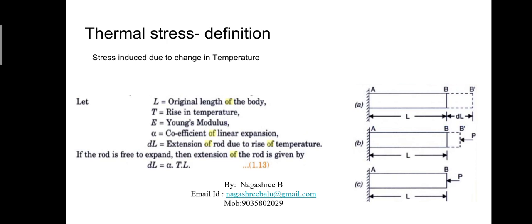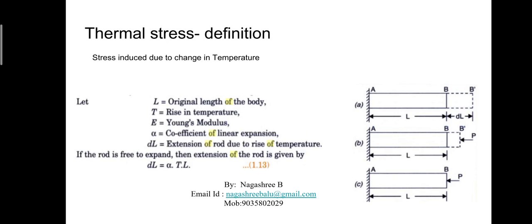Now suppose that an external compressive load of magnitude P is applied at face B dash, so that the rod is decreased in length by alpha TL. Why is it alpha TL?